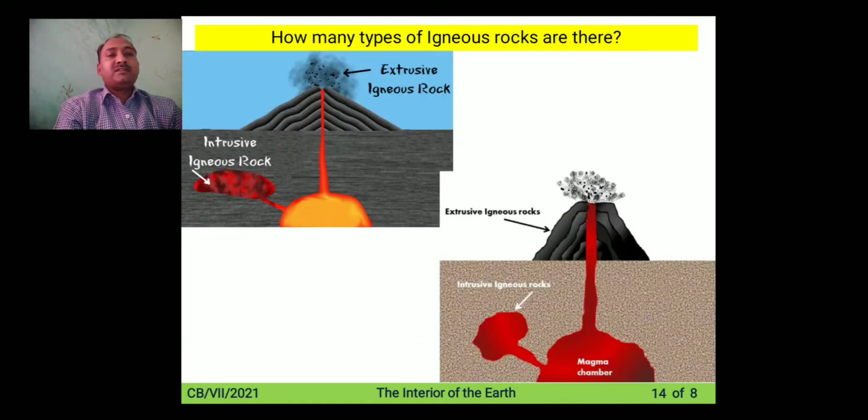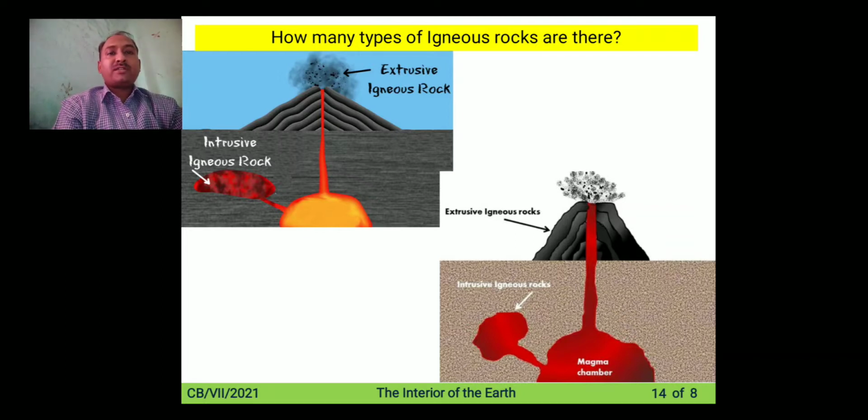This igneous rock is classified into two parts: first, extrusive igneous rock, and second, intrusive igneous rock. You know very well that whenever lava comes to the surface level of the earth, it cools down and solidifies, and the particular kind of rock found on the surface is called extrusive igneous rock.